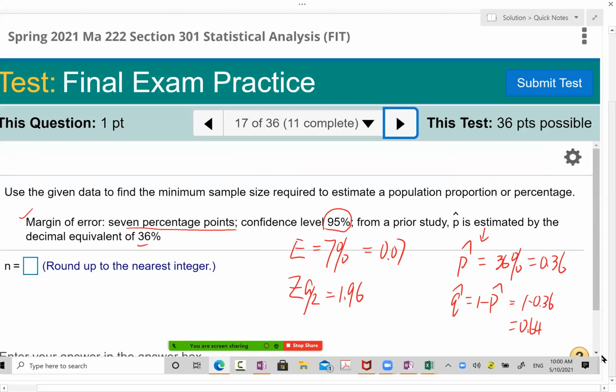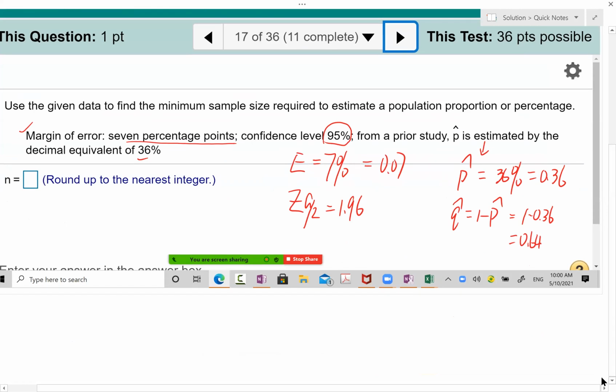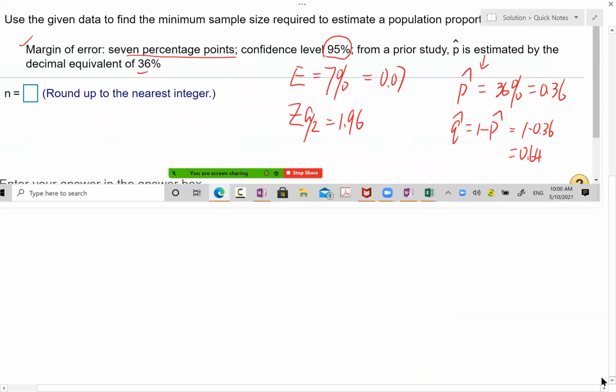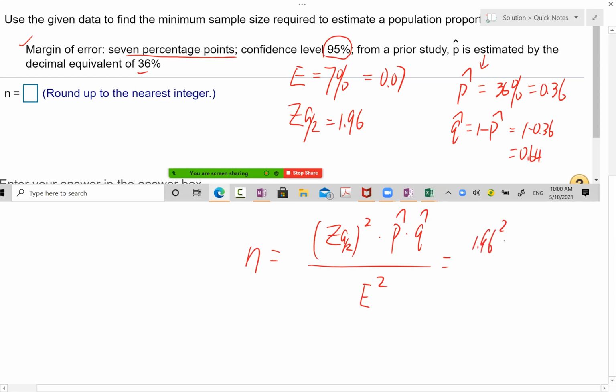Okay, so we have all the numbers we need. Now we want to find our sample size. Here we go. So it's going to be critical z-score square times p hat times q hat over margin error square. What we have to do is throw in our numbers: 1.96 square times 0.36 times 0.64 dividing by 0.07 square.